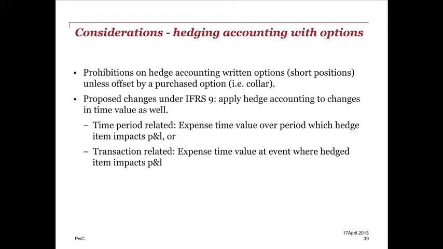So if you are hedging a time-based occurrence, something that hits your P&L over a time period, the time value will be expensed over the life of that time period. However, if it's transaction related, so I'm buying fuel today, that hits my P&L today, or I'm expensing it at that point, then the time value will be released at that point. So you won't get the volatility from the time value changes in your income statement either under the new IFRS 9. So some things to look forward to.